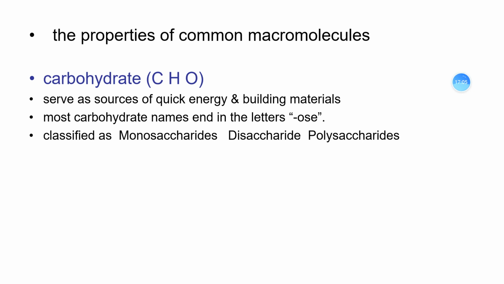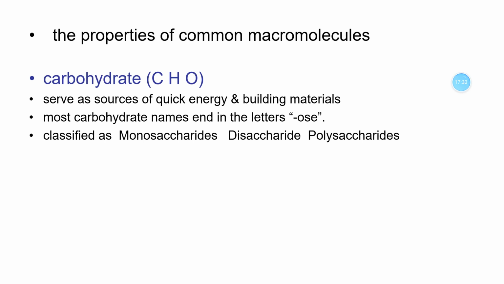And the next macromolecule we're going to study is carbohydrate. It serves as a source of quick energy and building materials. So carbohydrates are very important in our body. Most carbohydrate names end in the letters OSE, like lactose, fructose.